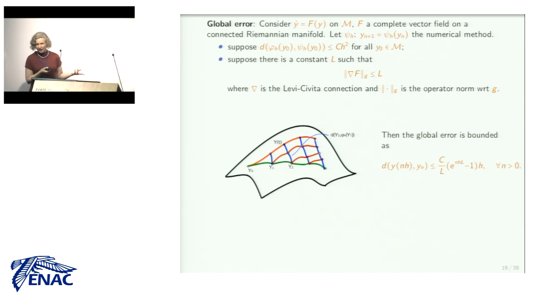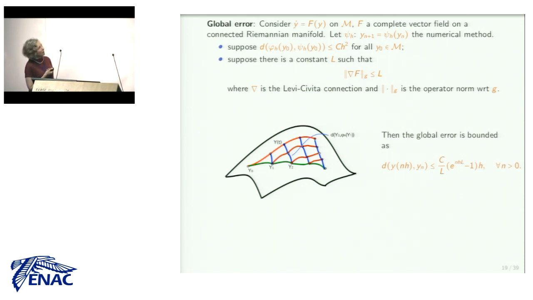And then the global error follows, but you need to be a little bit more careful. We assume F is a complete vector field, and we have a connected Riemannian manifold, and we assume the local error estimate that I discussed in the previous slide. Then we need the following property: a sort of Lipschitz condition on the vector field.